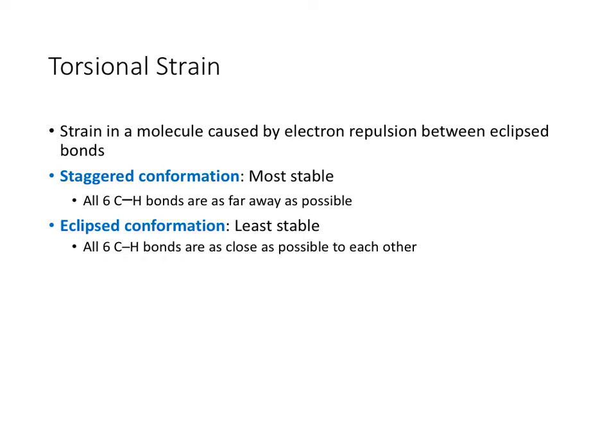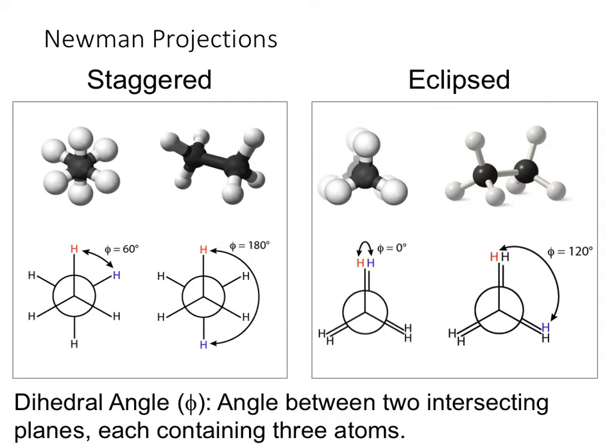Torsional strain is defined as the strain in a molecule caused by electron repulsion between eclipsed bonds. Staggered conformation is the most stable, and the eclipsed conformation is the least stable, and I'll show you in a minute what the staggered and eclipsed conformations look like. So in the staggered conformation, the hydrogen atoms in ethane are spaced away as far as possible.